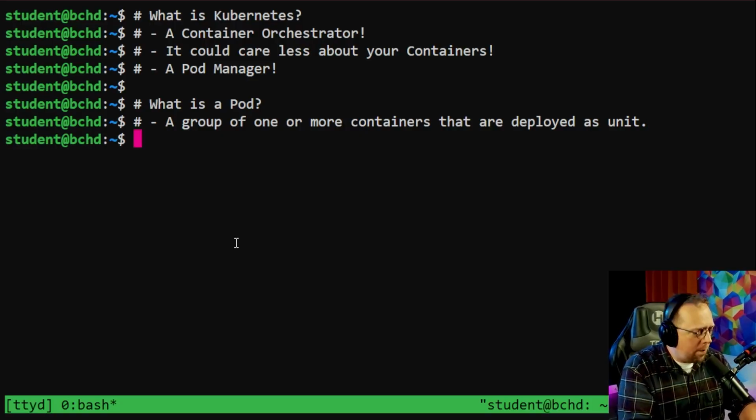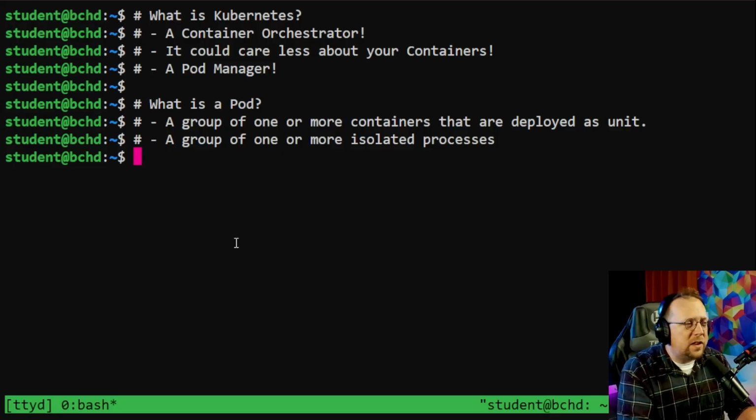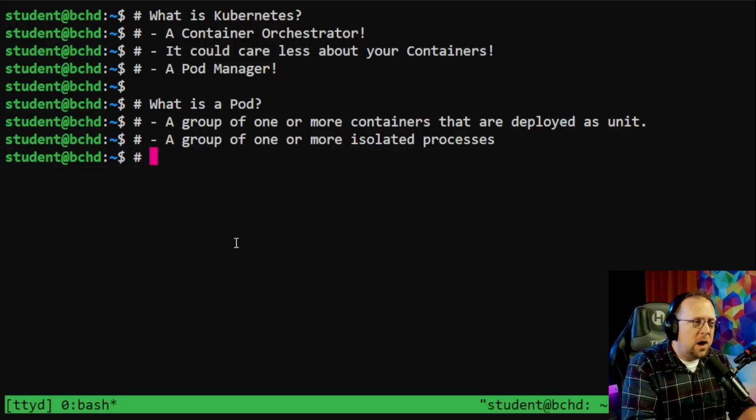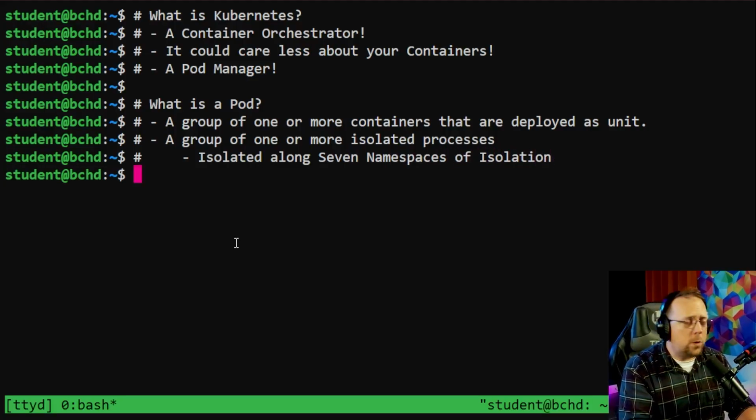So when we talk about a pod, we're talking about a group of one or more isolated processes. And these isolated processes are isolated along 7, count them, 7 namespaces of isolation. Okay, so what are those 7 namespaces of isolation?